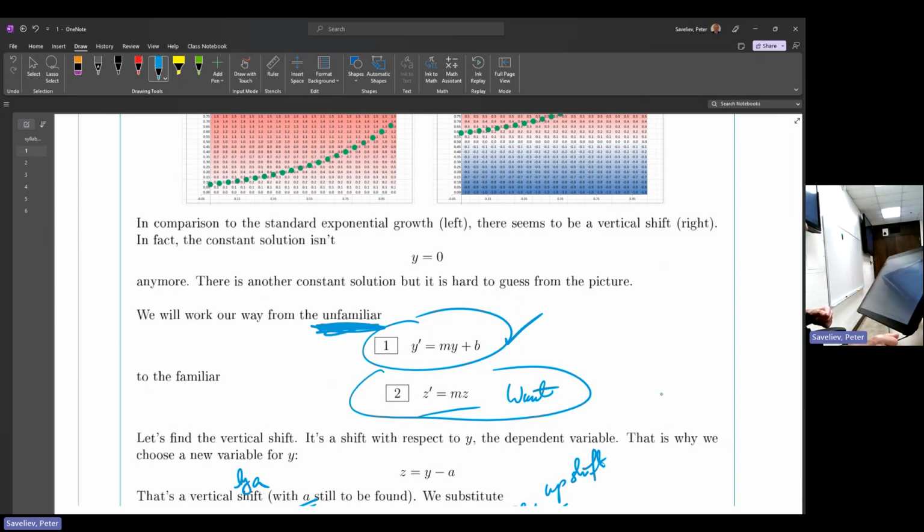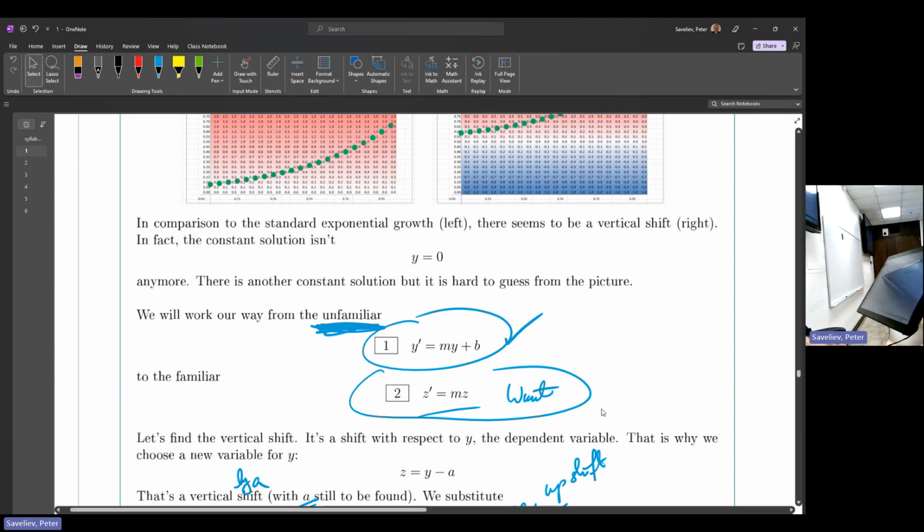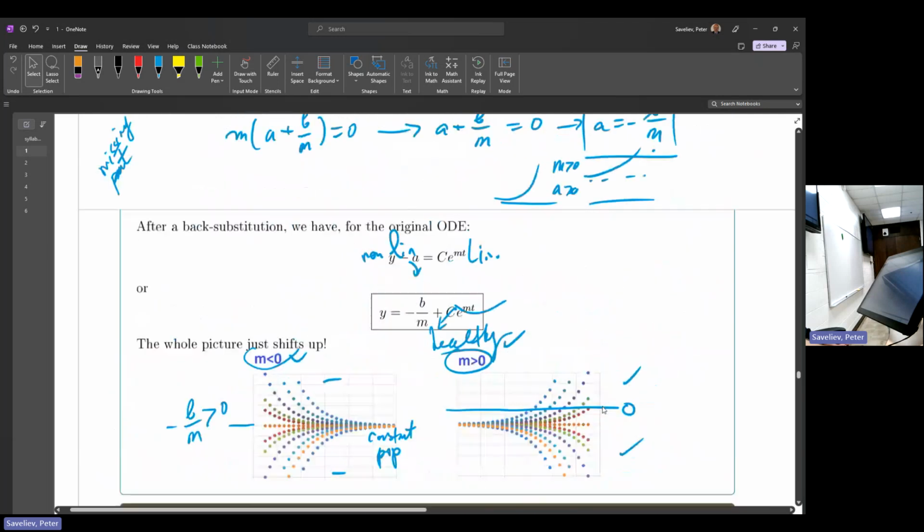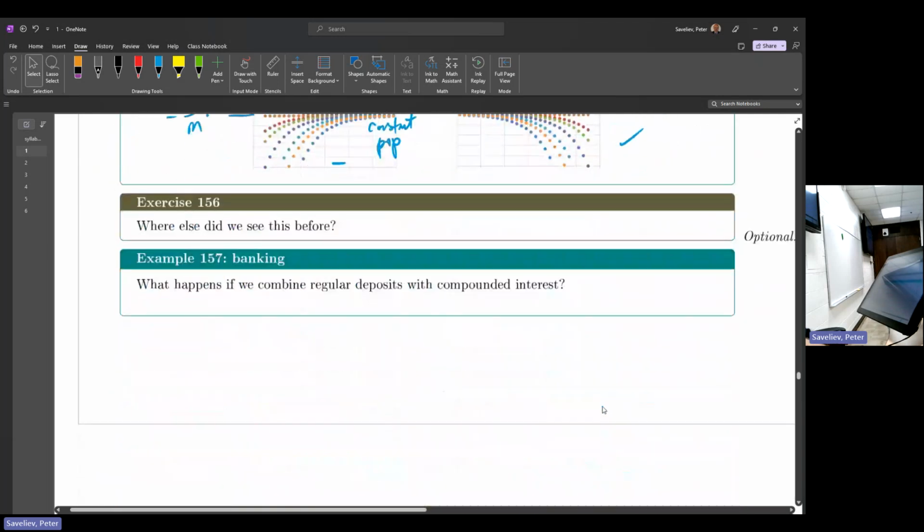Integration doesn't work because we have y on the right, and in the second one, we hopefully have separation of variables, but there's no separation of variables here. So the substitution was the only tool that's available now.